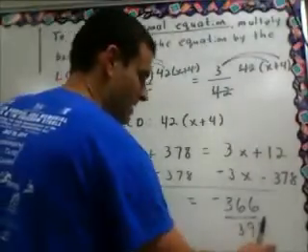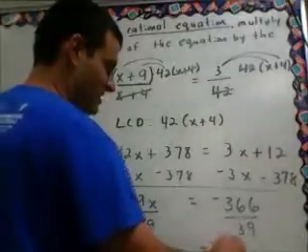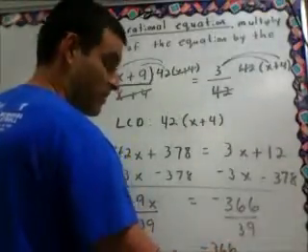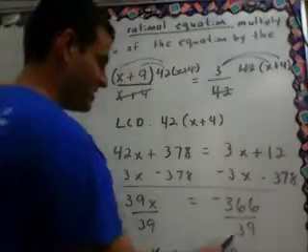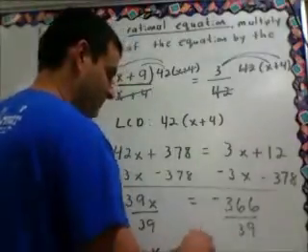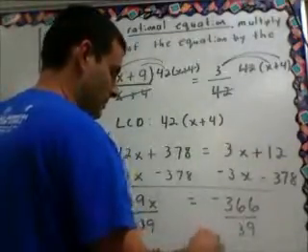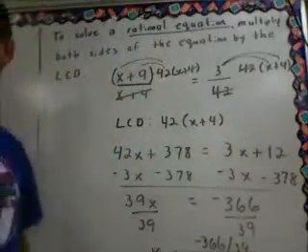And we get here, not a very lovely answer, but I'm not sure that it'll reduce, but we end up with negative 366 over 39. I got a little bit too low there, but it's just negative 366 over 39. You can still put that in your calculator and check that.